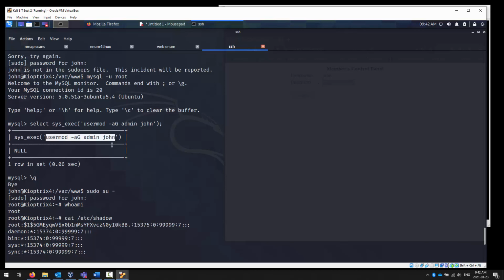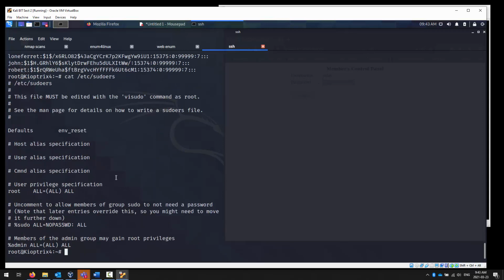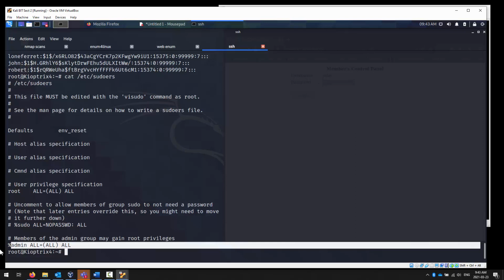If the server is running as root, that system call will execute as root, adding me to the admin group. So now I can take a look at the etc sudoers file, and we see a group admin, which is exactly what we thought we were going to see.